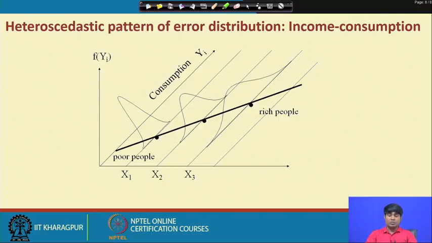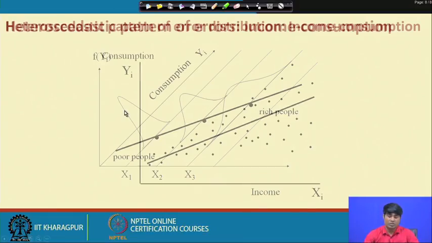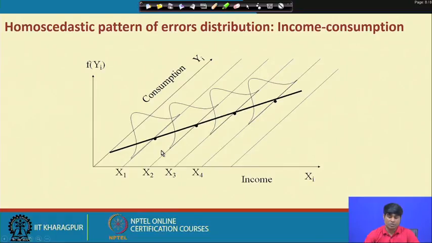They are not at all similar. So, that means they are deviating differently from time to time, or sample to sample. That itself gives the signal that in this case there is heteroskedasticity, and in this case there is homoskedasticity. That is the two different baskets altogether.